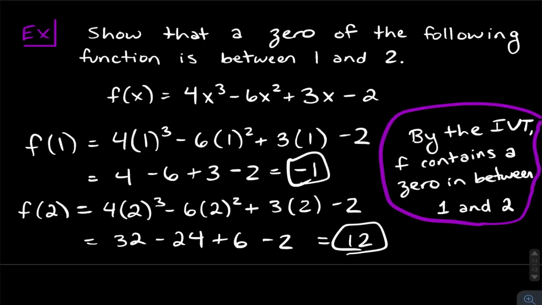If you're in between 1 and 2, you start out below the x-axis, which is what we did here. We start out at -1, and we end up at 12. Somewhere in between 1 and 2, to get from negative to positive, we have to cross the x-axis, and so that's how we figured out we could get a 0. That's the intermediate value theorem. One of those intermediate values in between -1 and 12 has to be 0. So that's what this problem was all about.